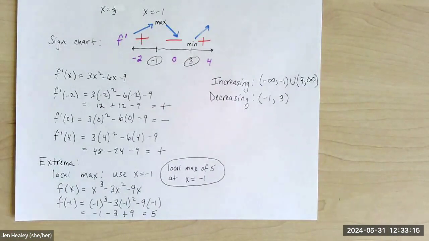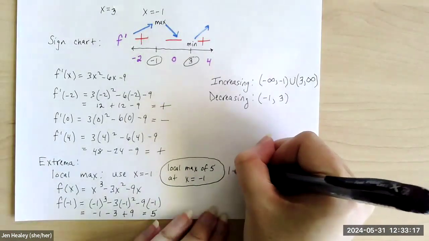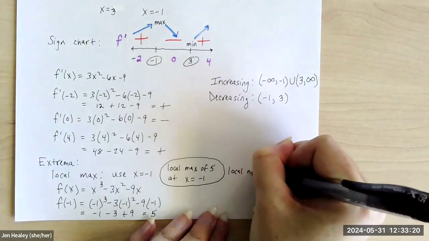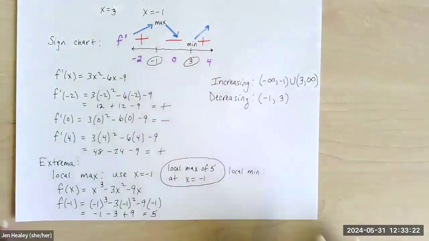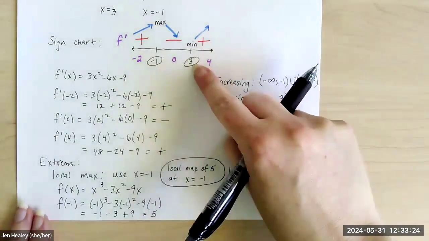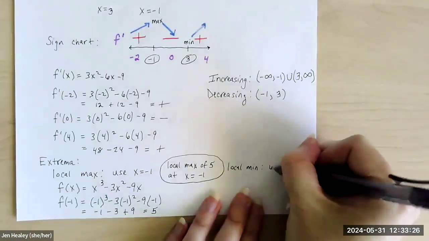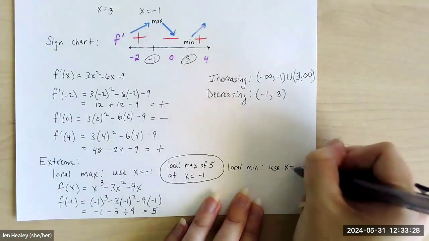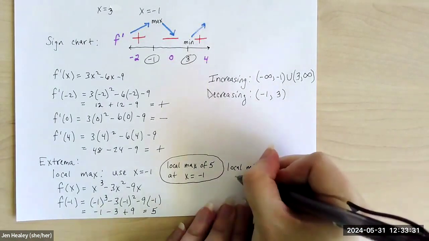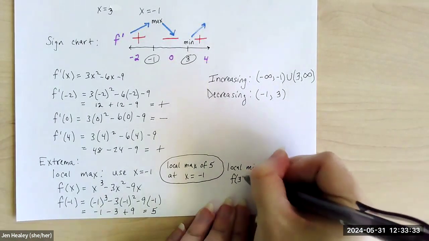And then we want to find our local min. And so for the minimum, we're going to use the 3. So we're going to do f of 3.